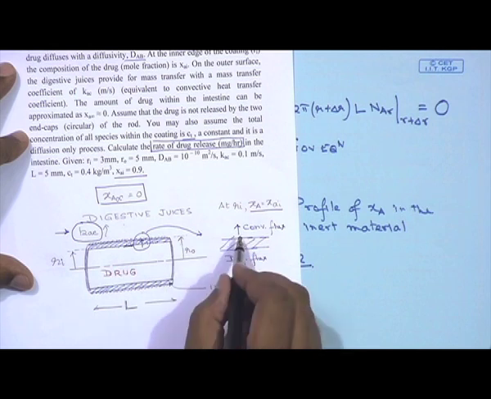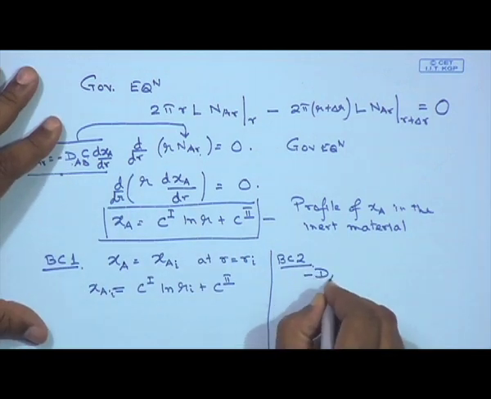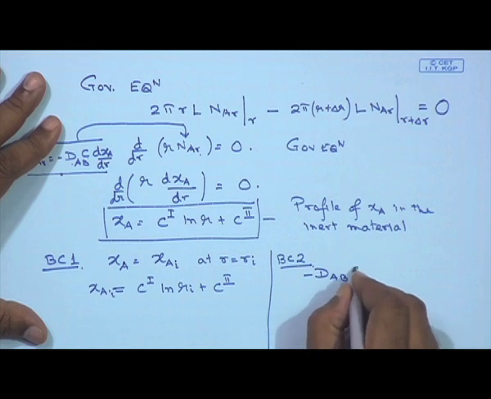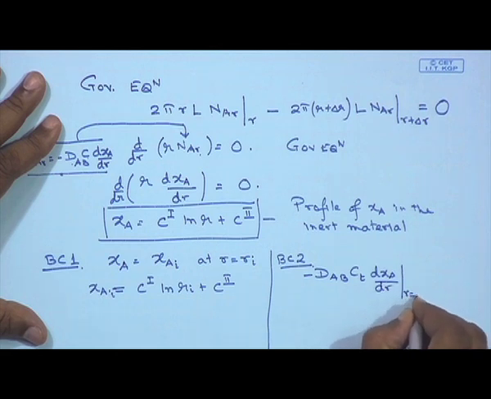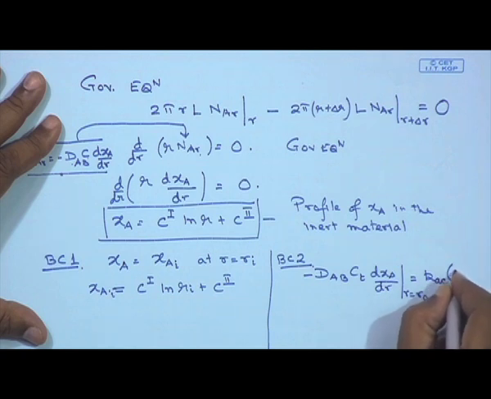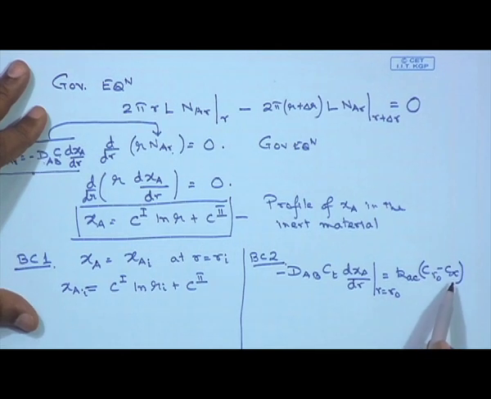So, if we write the equivalent of Newton's law to denote the convection of species and Fick's law for the diffusion by which the drugs reach this point, the convective diffusive boundary condition together would give us minus D_AB times total concentration times dx_A/dr evaluated at r equals R_0 is equal to k_Ac, that is the convective coefficient, times concentration at R_0 minus concentration at infinite distance.